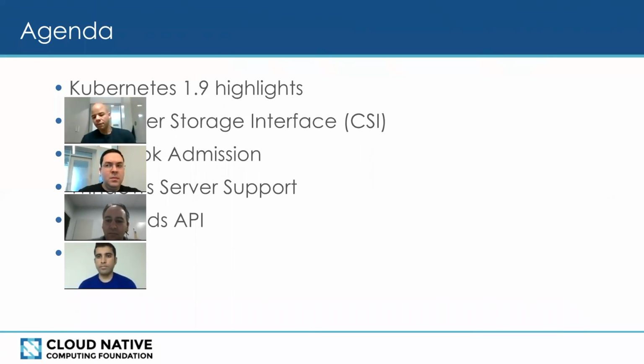First of all, it's the container storage interface called CSI, and Saad will describe it in more detail. We have the new webhook admission feature that will be described by David Eads today. Windows Server support is an amazing new feature in this release, and so many people were waiting for it for a long period of time, and Michael will describe this feature.